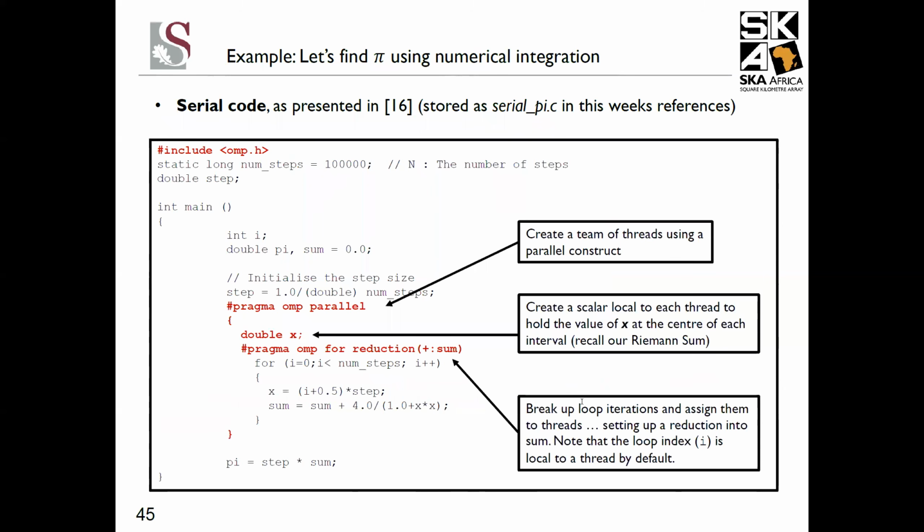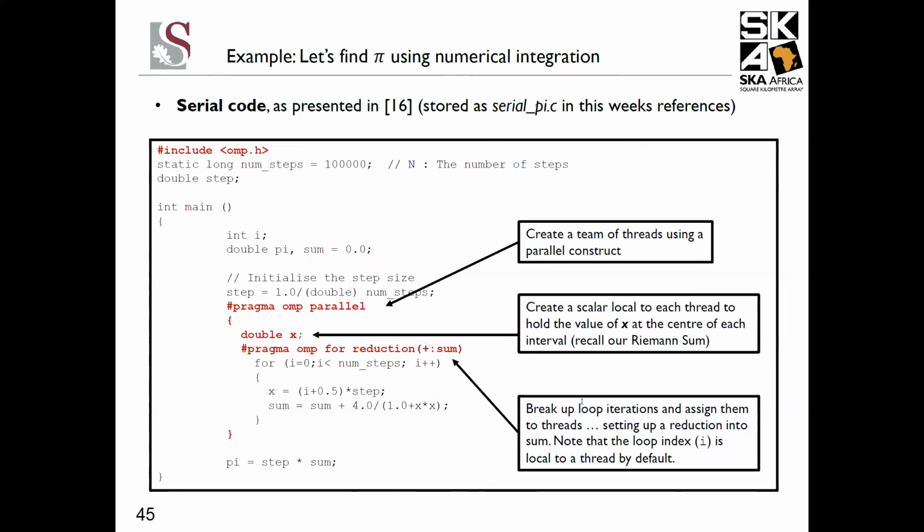And this is what you add. This is our serial code, and the red bits over there are just the OpenMP statements. Again, at the top, I need to include omp.h. Then I'm going to add my for loop in an OpenMP parallel region, which is the red over there. I am going to precede my for loop with the OMP for clause, and I'm going to say that we are working with a reduction.